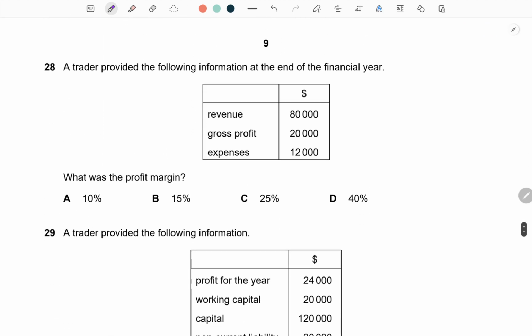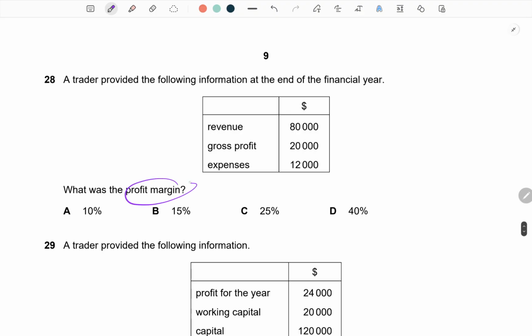Let's move on to question 28. What was the profit margin? What is the formula for profit margin? Profit divided by revenue multiply 100%. They give you revenue, they give gross profit, they give you expenses. So how you find the profit actually? Profit is gross profit minus expenses. So quite easy actually. We can find already the profit margin. Net profit is gross profit minus expenses.